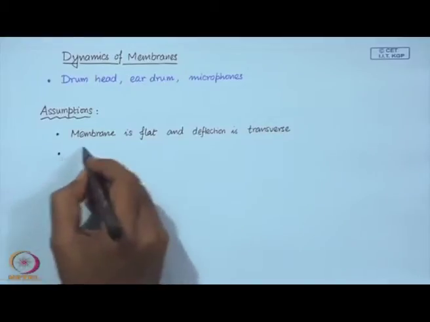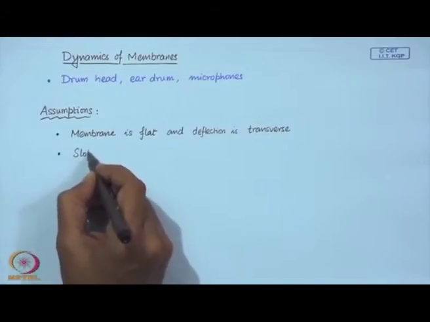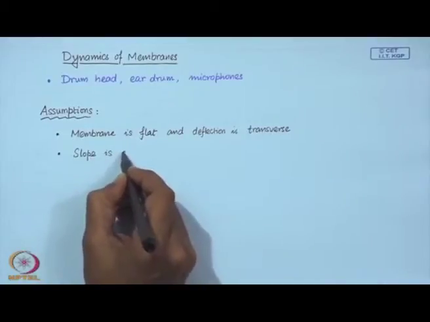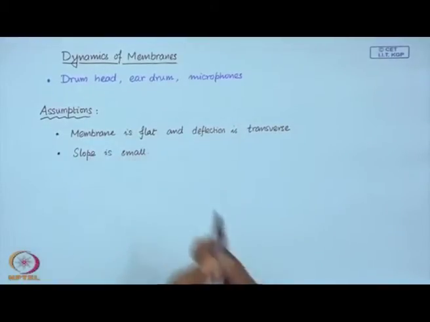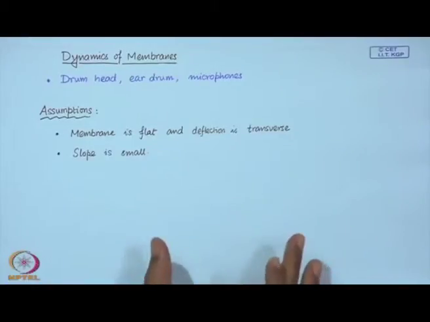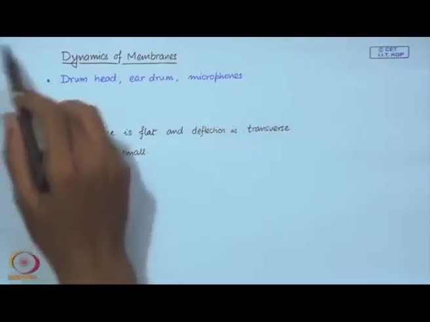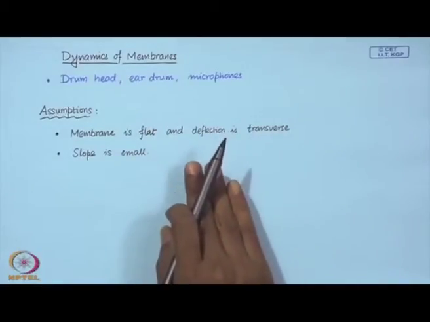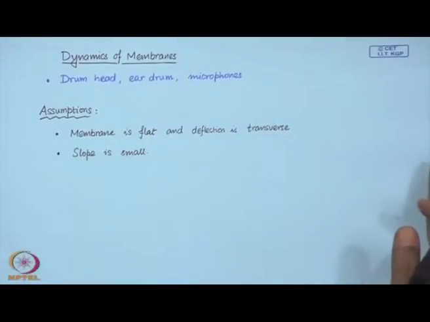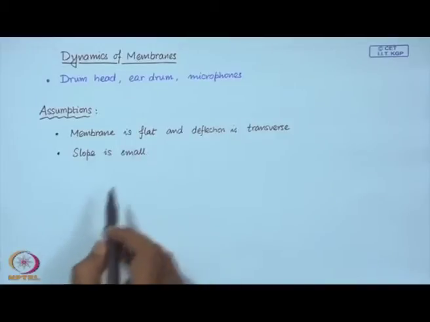The second assumption we make is that the slopes are small. If you have a certain deflection, then by small slope you can imagine that the maximum deflection divided by the characteristic dimension of the membrane is small. Suppose I have a membrane of this size, then the transverse deflection should be much smaller than this dimension or this dimension of the membrane. So, slopes should be small.